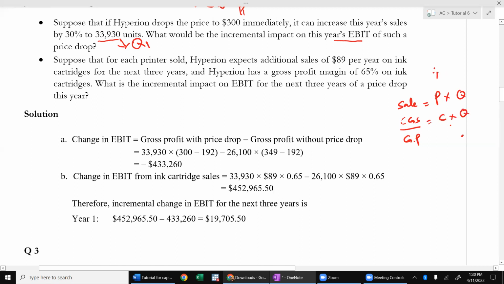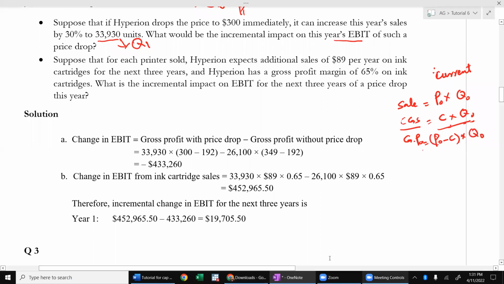If I say current price, I can write price P0, Q0. So current gross profit will be equal to P0 minus C multiplied by Q0.